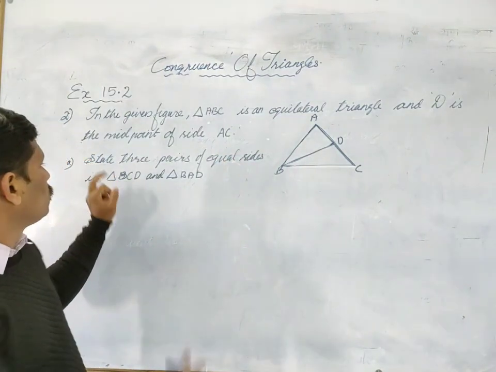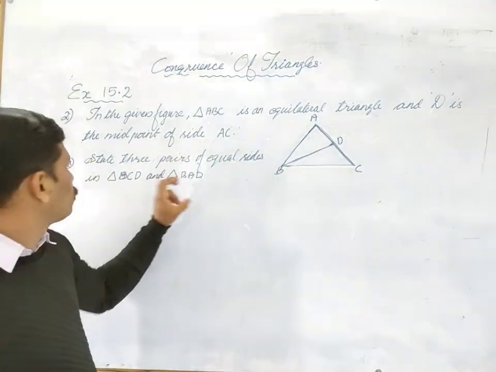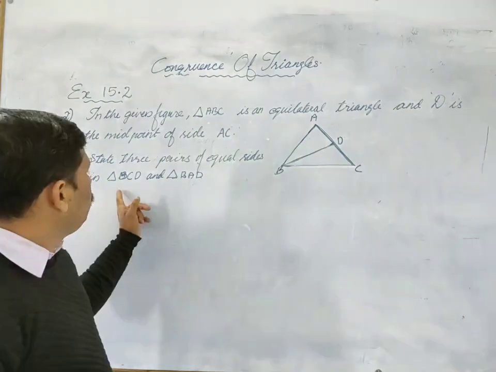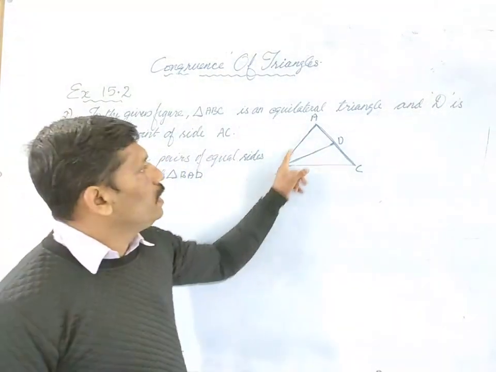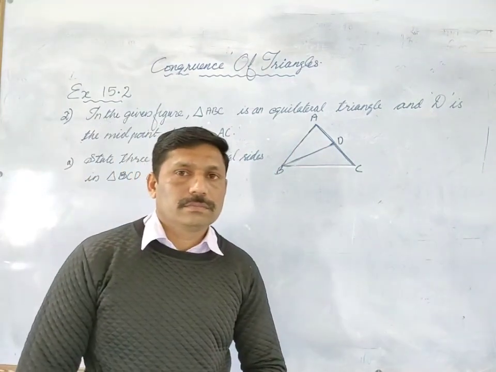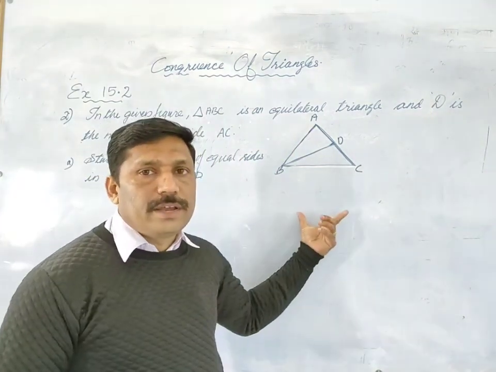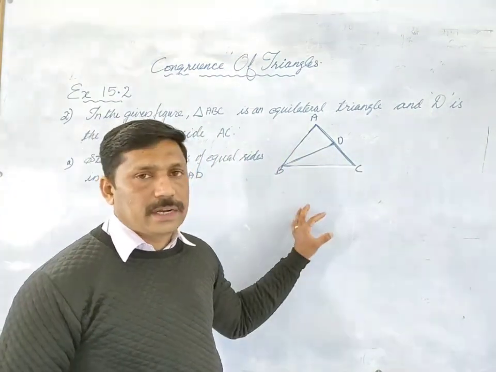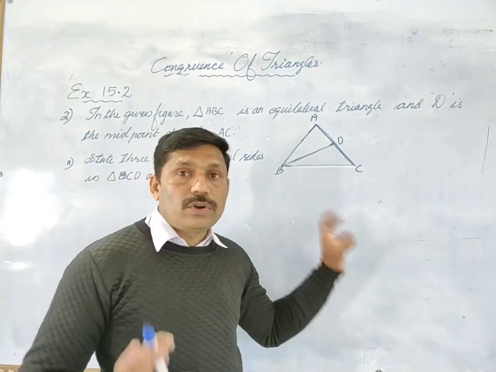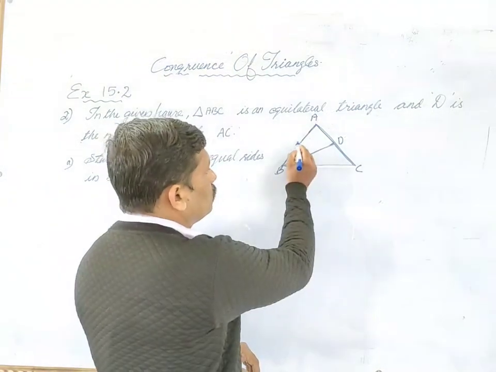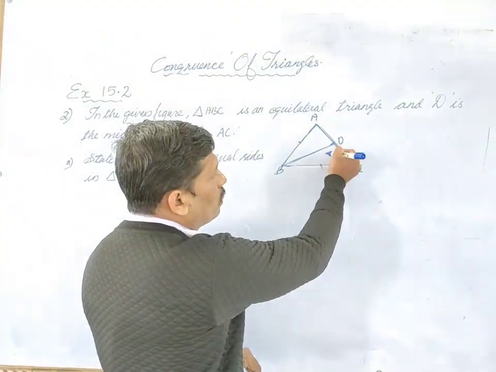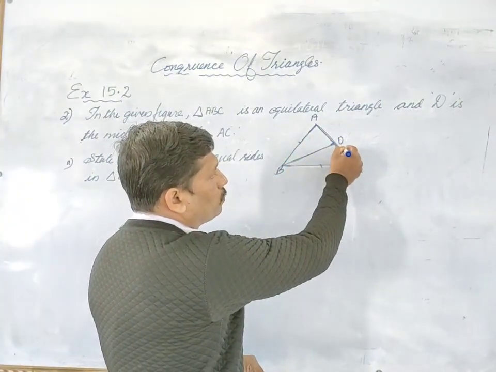Question: state three pairs of equal sides of triangle BCD and triangle BAD. So students, in the given figure, it is an equilateral triangle. Equilateral triangle means the three sides of the triangle are equal. That means this side and this side and this side, all three sides are equal.